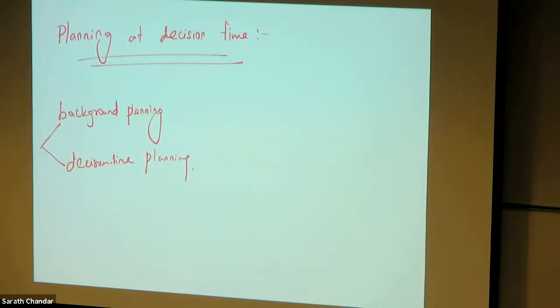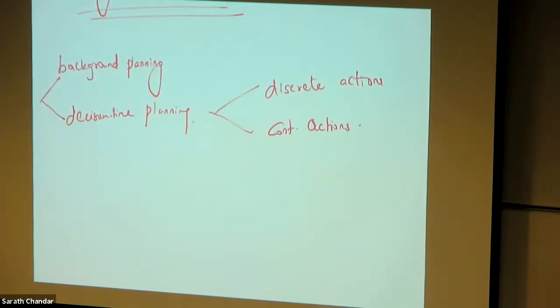Now, for decision time planning, we are going to talk about both the discrete case and the continuous case, discrete actions and continuous actions, because the procedure for doing decision time planning is going to be a little different for each. So far, we focused just on discrete actions.